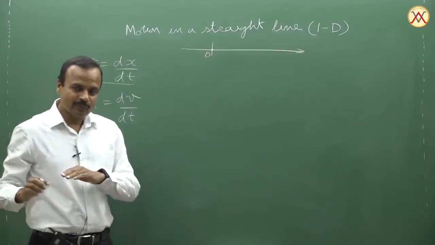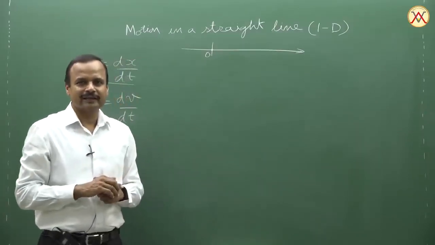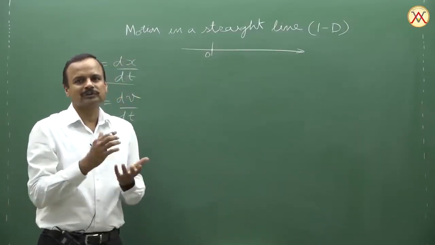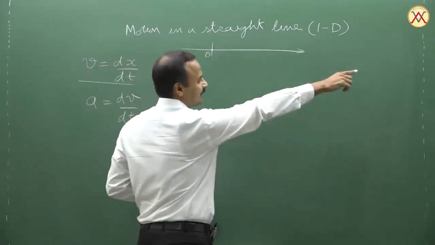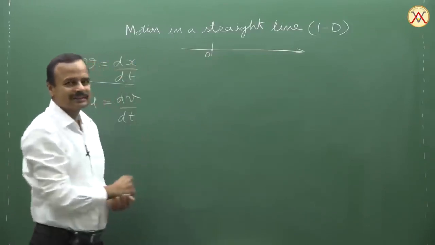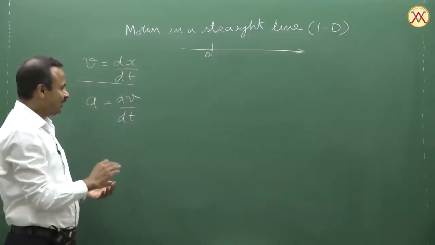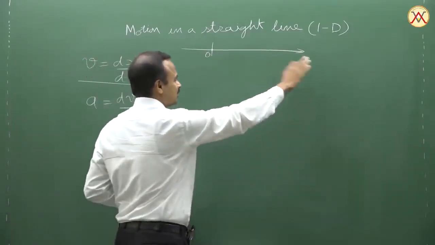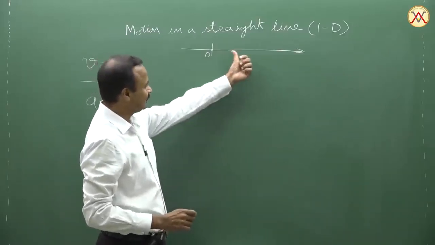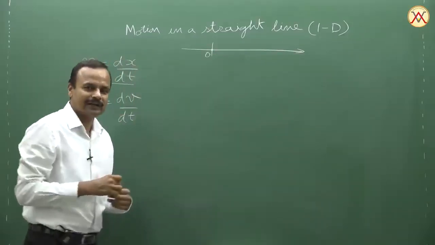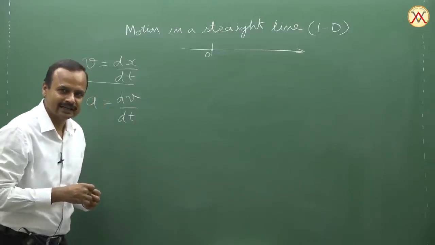If a particle is moving along a straight line, then there are only two possibilities for direction. Velocity of the particle may be either towards right or towards left. If I am taking right as positive, then if the velocity is towards left, it will be indicated as negative.